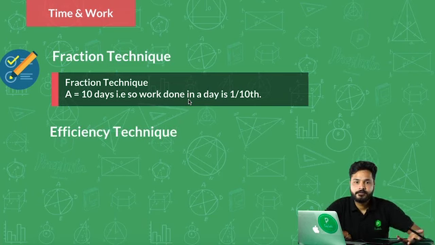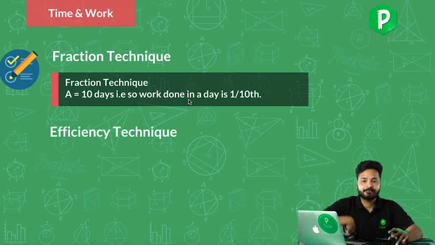But we can cut short our calculations, the divisions and the lot of multiplications we do, if we use the efficiency technique, and this is going to save at least 5 to 10 seconds for you in the exam. So what is the efficiency technique?